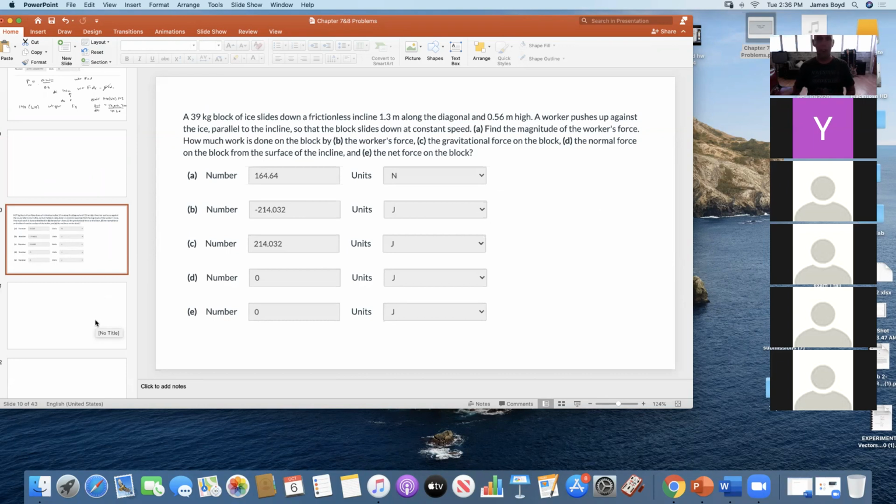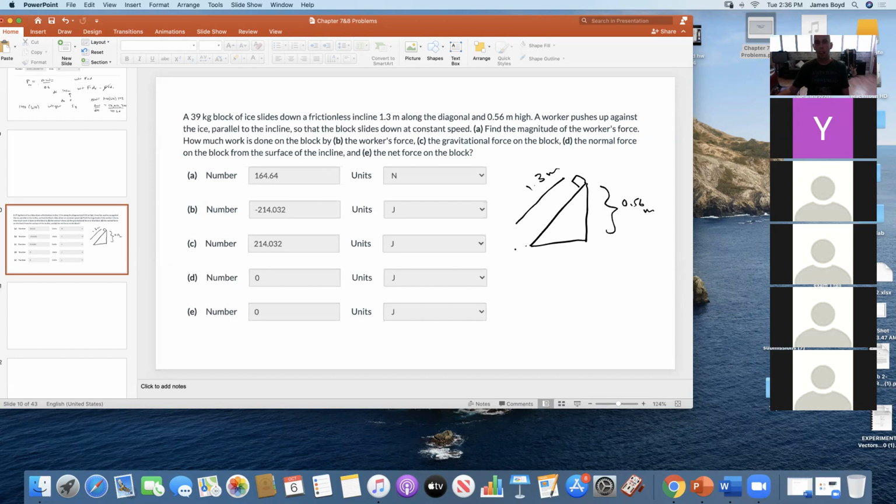So let me draw this really fast. This incline, we're not given the angle, but we're told that it starts here and ends up here, and that this distance is 1.3 meters. This distance, we're told, is 0.56 meters high. And a worker is pushing against it as it slides down so that it has no acceleration.